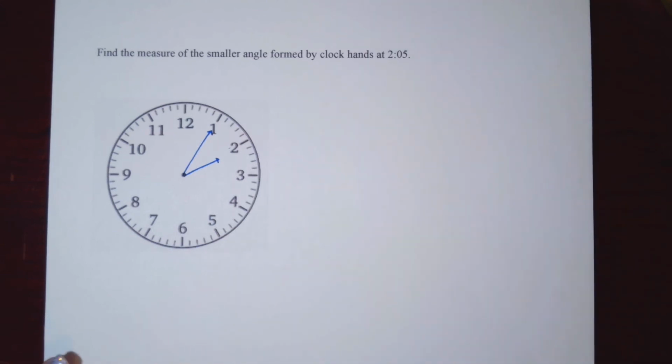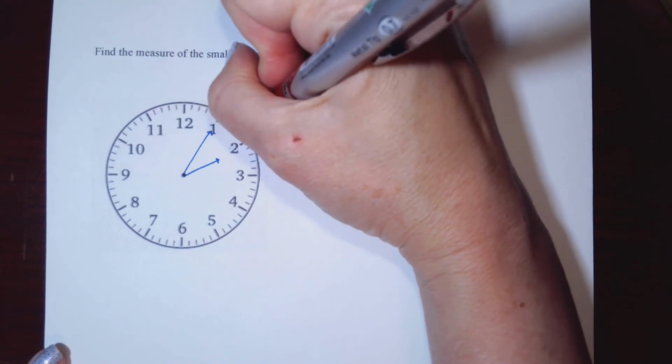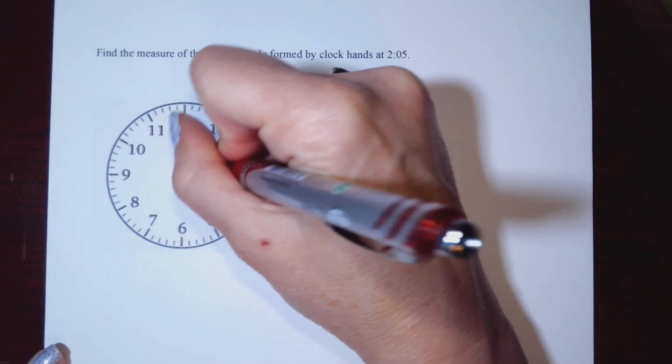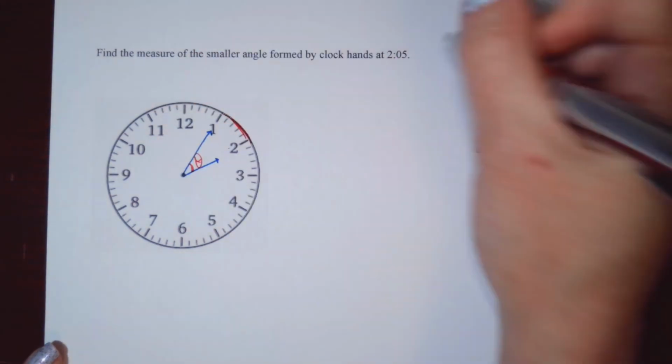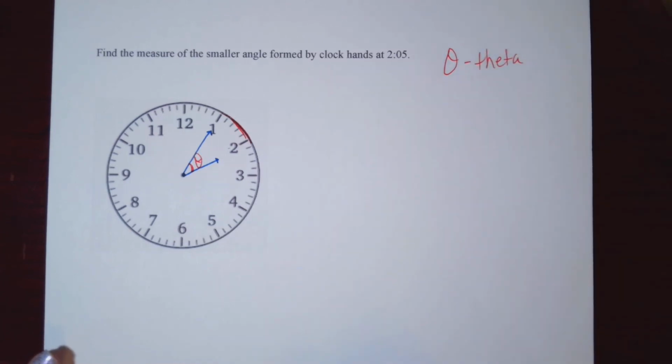So if I'm wanting to find the measure of the smaller angle formed by the clock hands, I want this measure right here, this angle. And we're going to call this angle theta. Theta is just a Greek symbol representing any angle. You're going to see us use that a lot. That's my missing angle that I'm looking for.